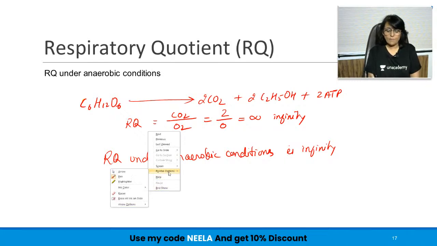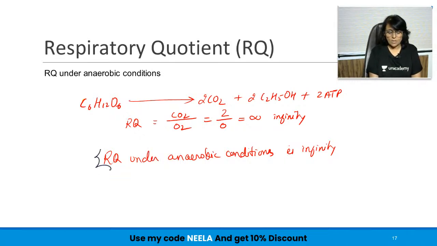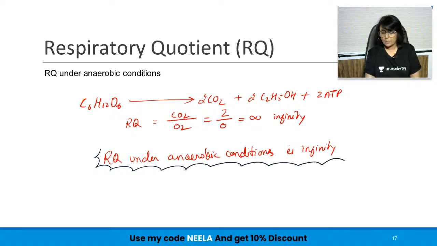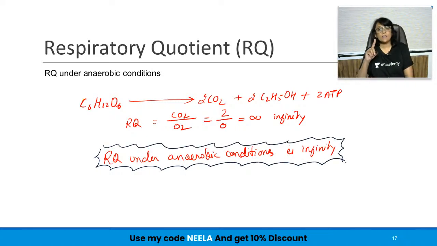And now we know how we have calculated this, okay? So this is our next statement. So far, carbohydrates give us 1. Proteins and fats give us less than 1. Organic acids give us more than 1. And under anaerobic condition, it is infinity. Now let us do one more.